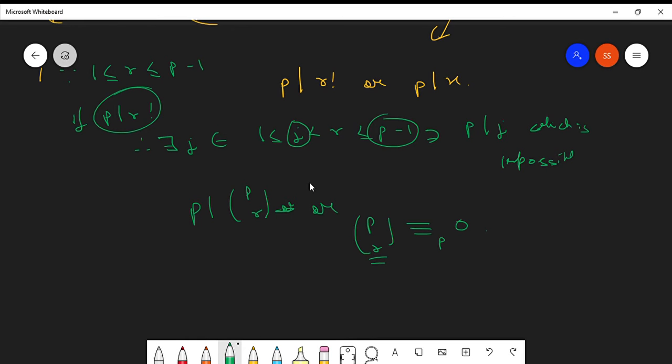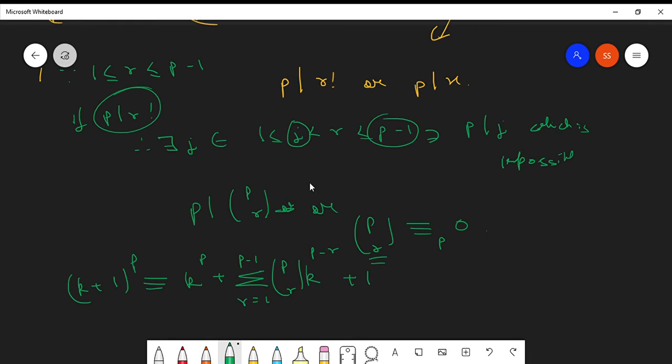Therefore notice something: k plus 1 to the power p is given as the summation of k to the power p plus the sum over r equals 1 to p minus 1 of pCr times k to the power p minus r plus 1.